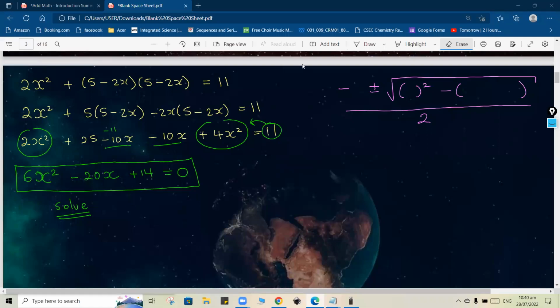Substitute the values, at least. This is A, this is B, this is C. B is minus 20, so 2 minus signs will touch here according to the formula. Minus 20, 4 by A by C.